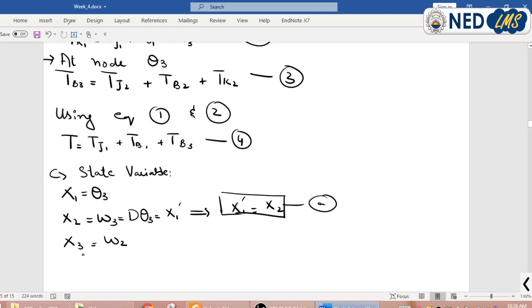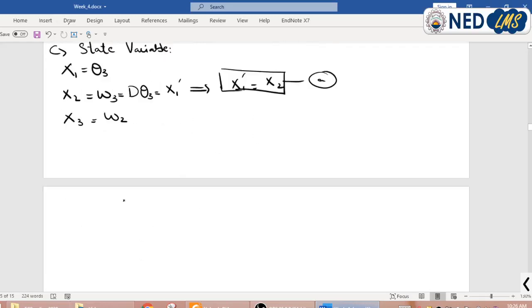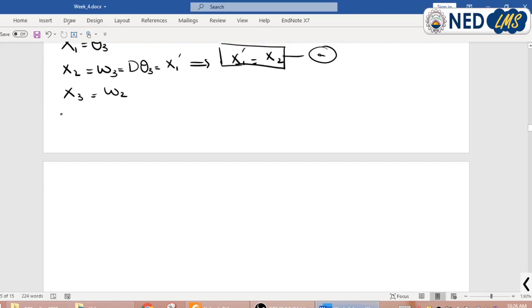For evaluating x2 dash and x3 dash, x2 dash is basically d omega 3 dash, which is unknown right now.